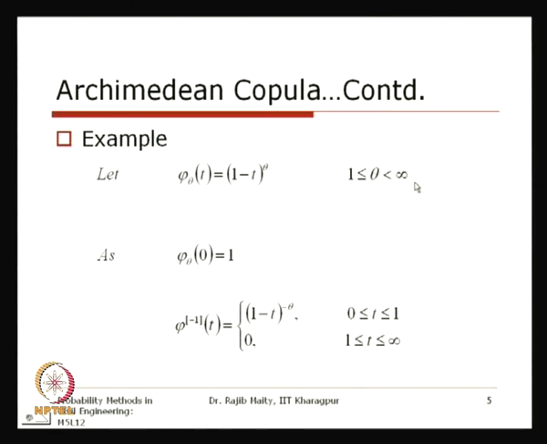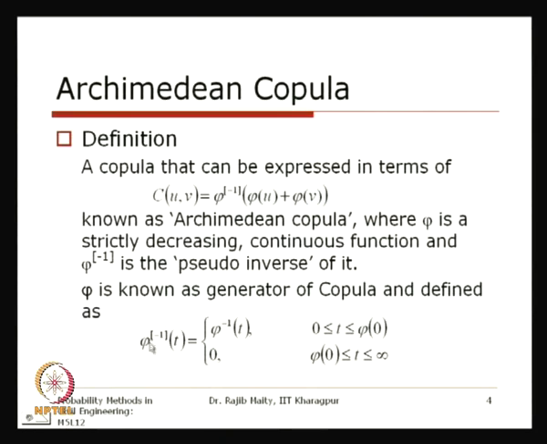If we take phi at t equals 0, the value of this function should be equal to 1. Now, the pseudo inverse of this function is defined from 0 to phi 0, which is 1.